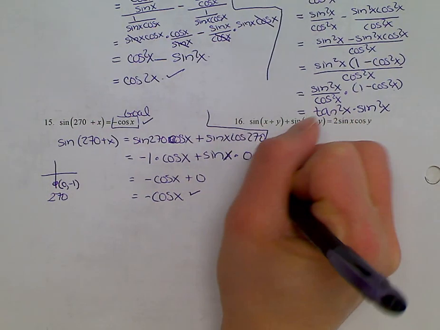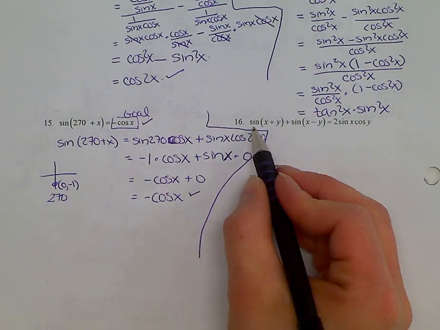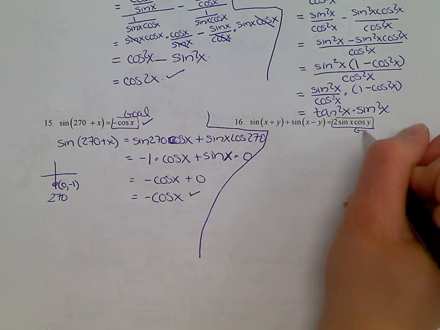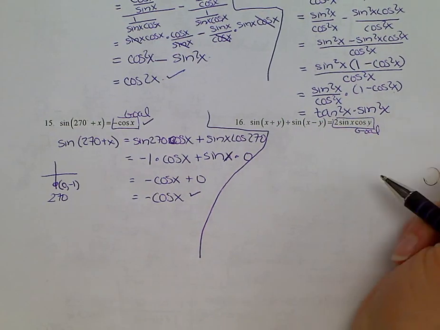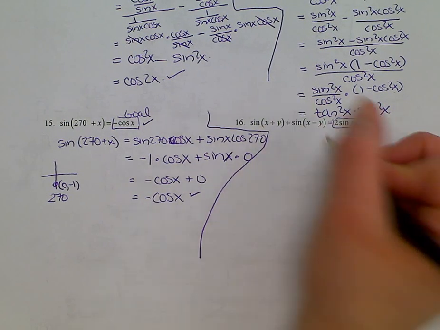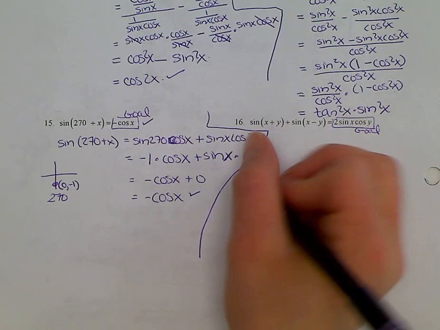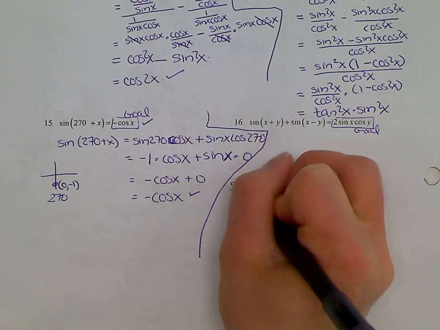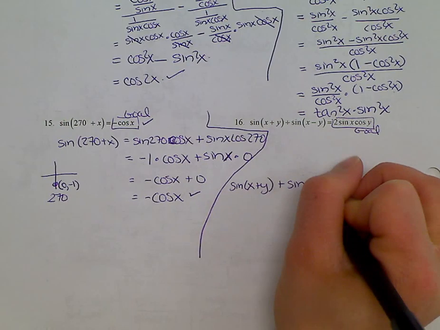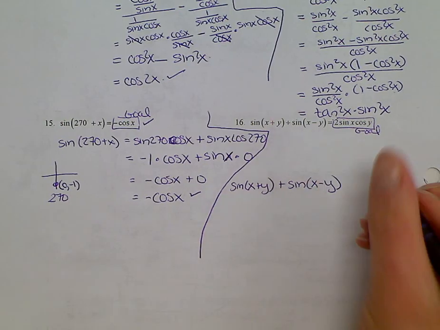Okay, 16. This side definitely looks like there's much more to work with. I'm going to make this side my goal. Okay, and let's see here. I'm going to start down here. The sine of x plus y plus the sine of x minus y.